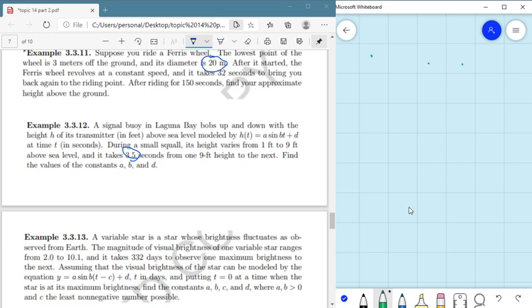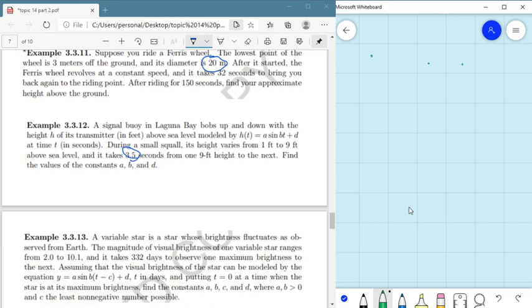Assuming that the visual brightness of the star can be modeled by equation y equals a sine b of t minus c plus d, t in days, putting t equals 0 at the time when the star is at its maximum brightness. Find the constants a, b, c, and d, where a and b are greater than 0 and c is the least non-negative number possible.